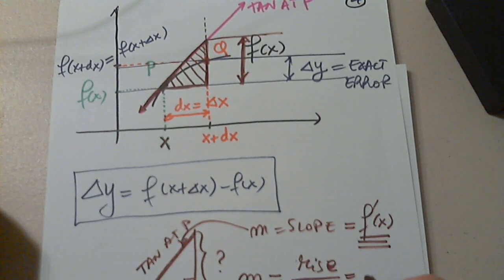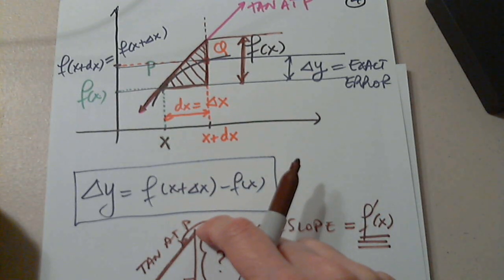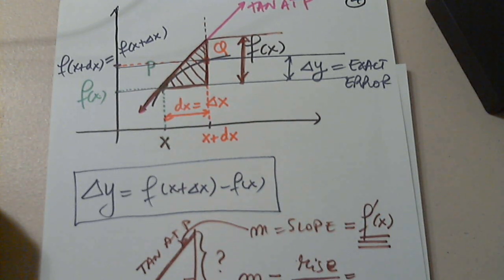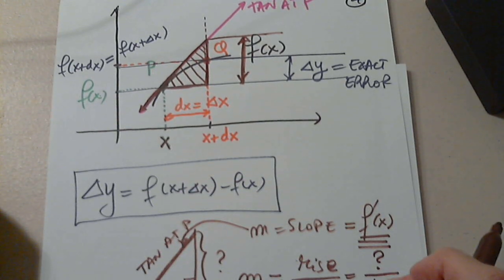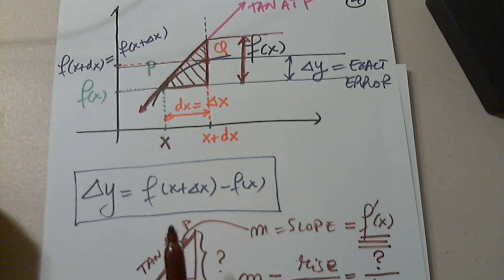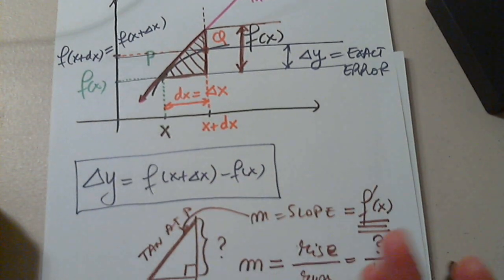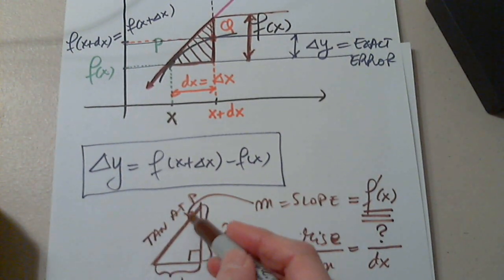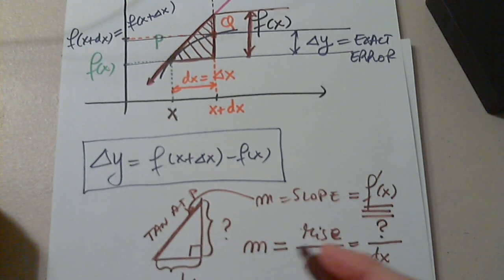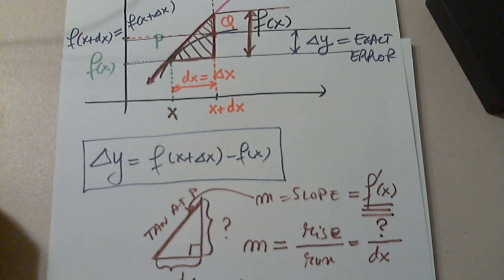So rise over run. But these have to be the same. The rise over run and the slope of this line, they have to be the same. It's only one line. We established that this is f prime.